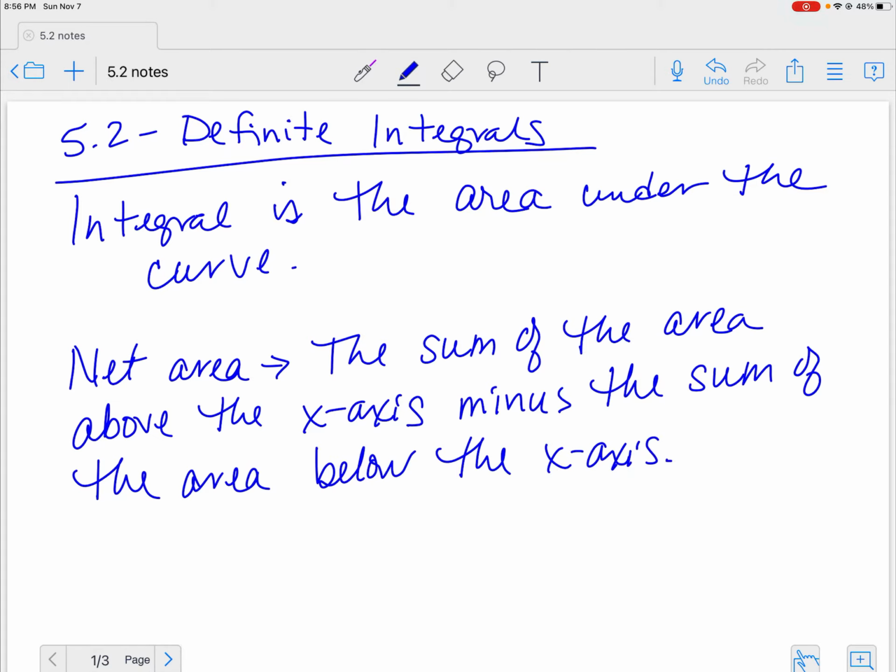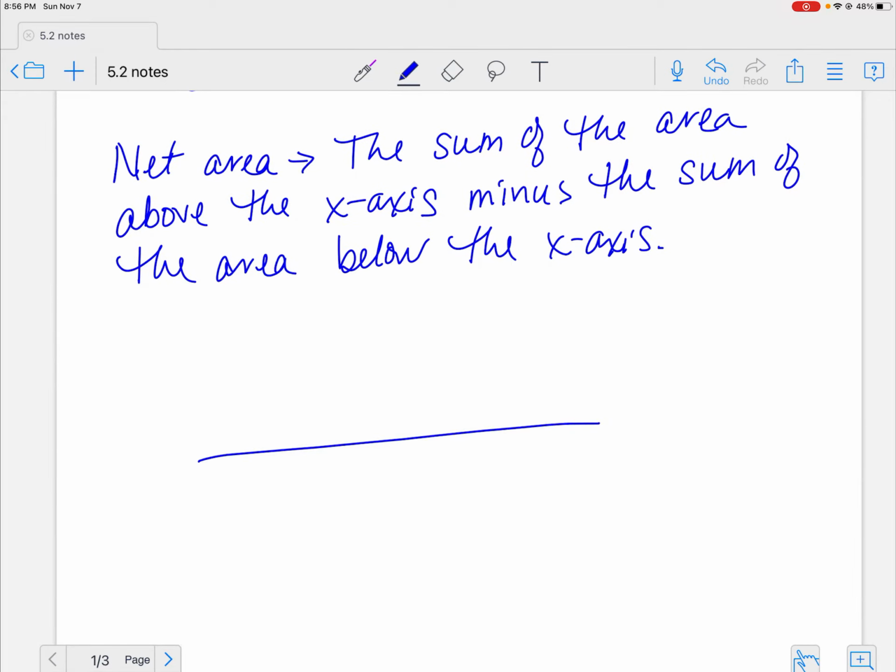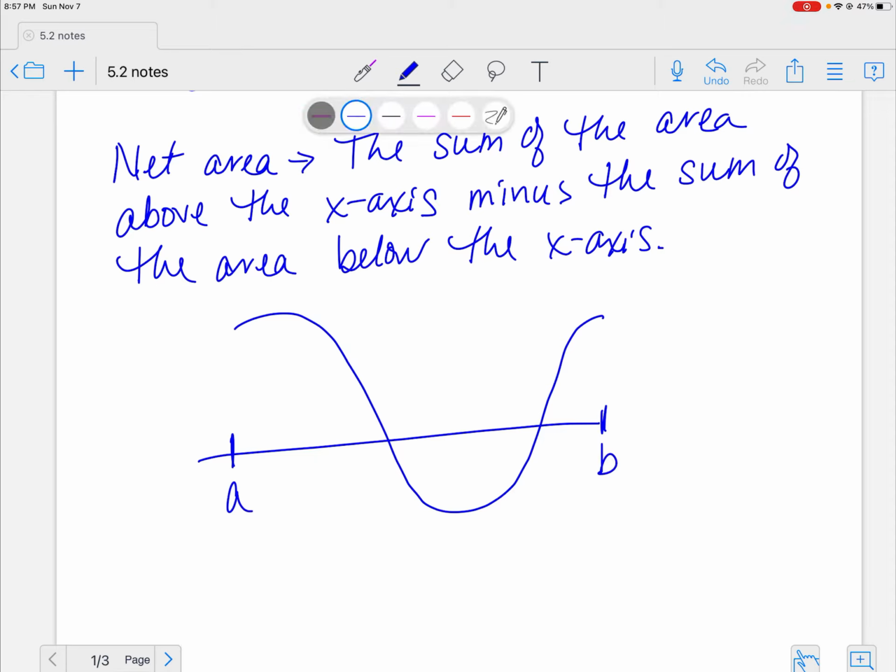Okay, here's the moral of the story. The x-axis is what breaks this apart. So if I have this x-axis right here and I have this whatever curve, all right, and I'm going right here from A over here to B. If I have above the x-axis all of this area here that I am making pink, ooh, fun to color.